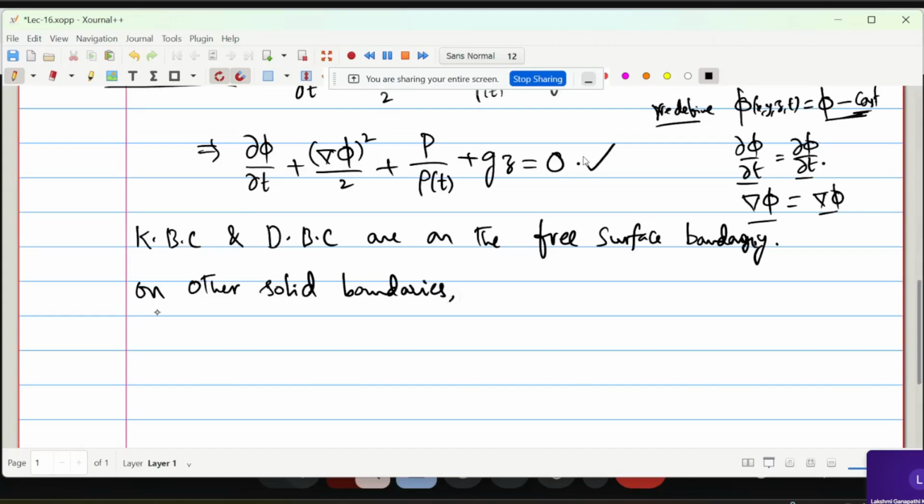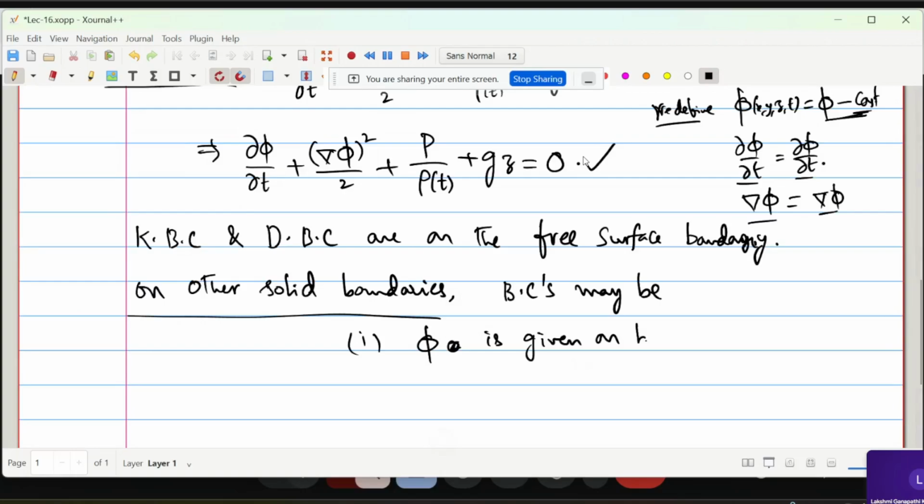So on solid boundaries, what are the boundary conditions? Boundary conditions for the Laplace equation may be, one, phi is given on the boundary. That is called the Dirichlet boundary condition.